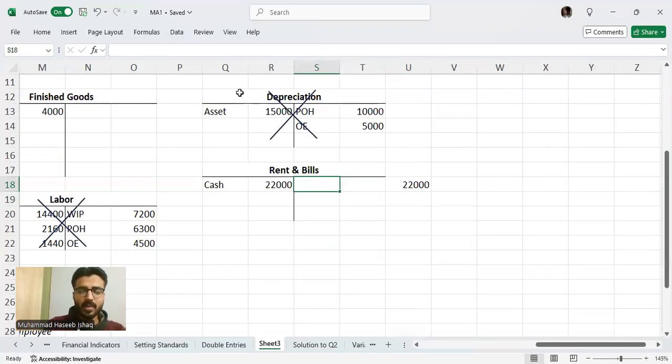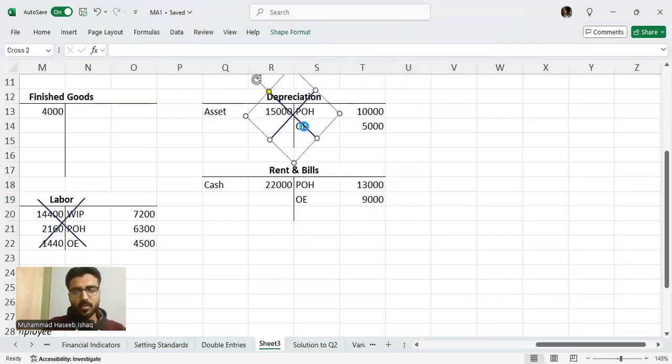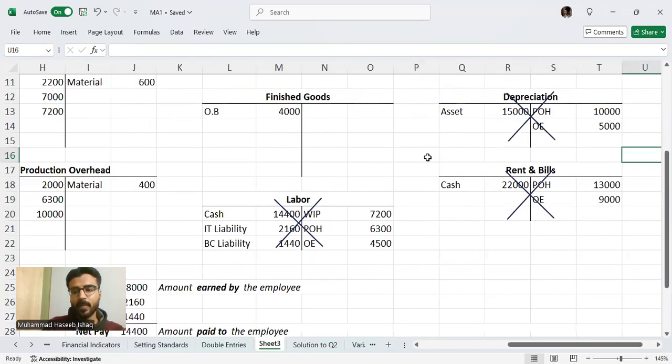And what were these accounts? We transferred 13,000 to the production overhead account, and we transferred the remaining 9,000 to the operating expense account, right? So this account has also now been emptied, just like the depreciation account.